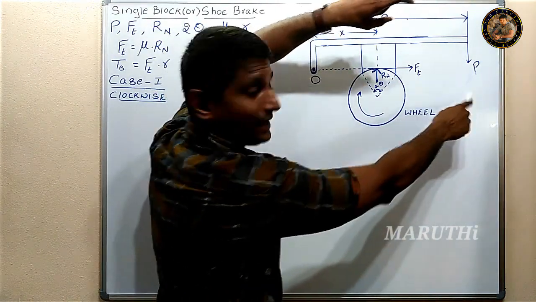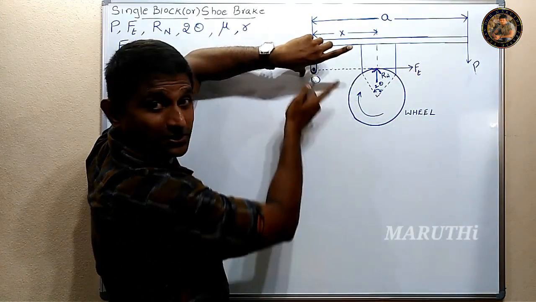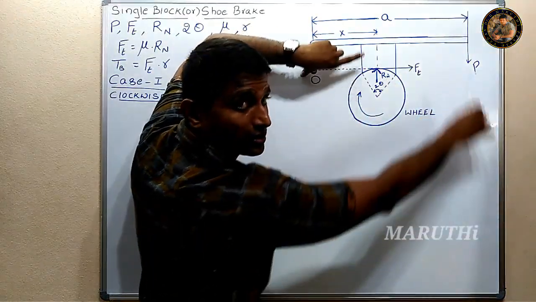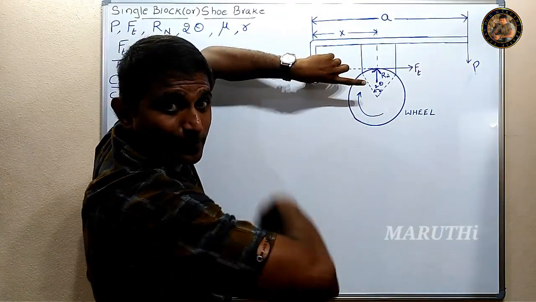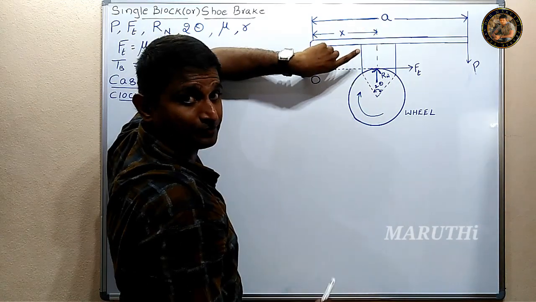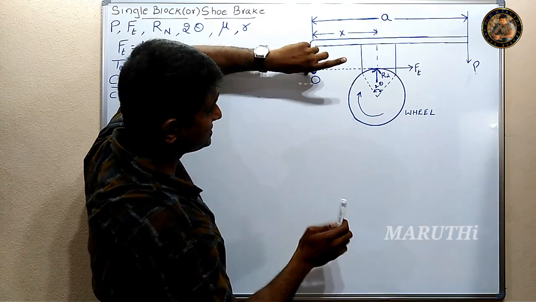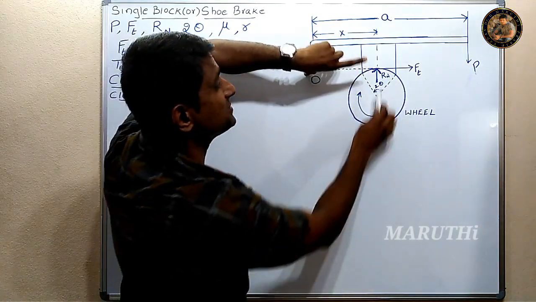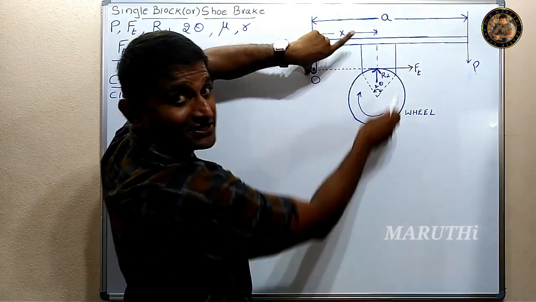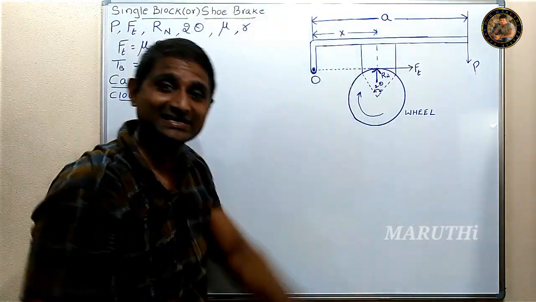Moment because of P about O is clockwise. You see this one clockwise. This is fixed, and when this is acting downward, so this is a clockwise moment, and which is equal to P into distance A. Whereas moment because of Rn about O is, this is fixed, and here the force is acting in upward direction. Therefore, it is a counterclockwise moment, Rn into this distance x.